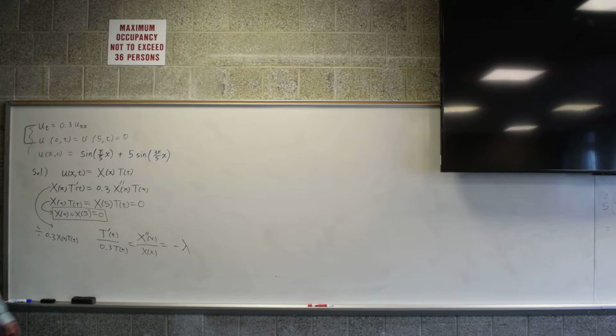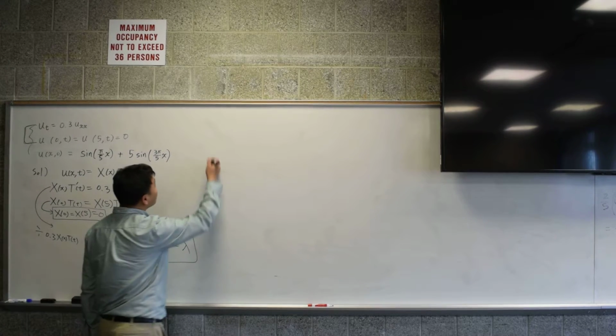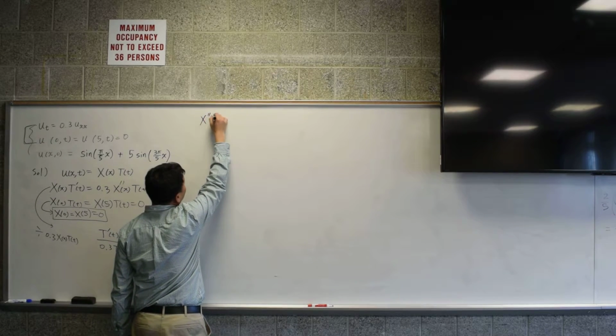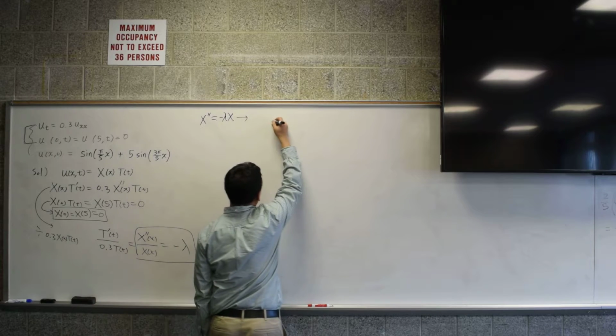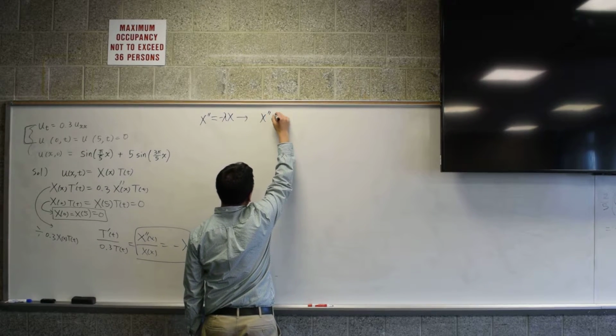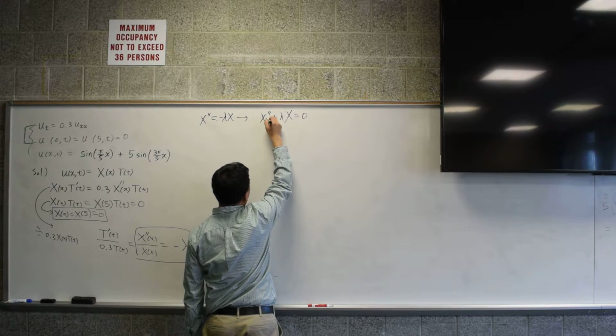Why? We do that because if we take this equation and rewrite it, we get a familiar equation, X'' equals negative lambda X, which gives you X'' plus lambda X is equal to 0.